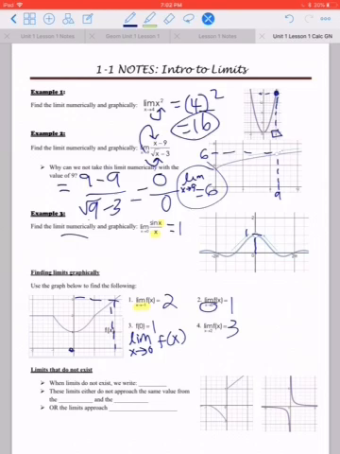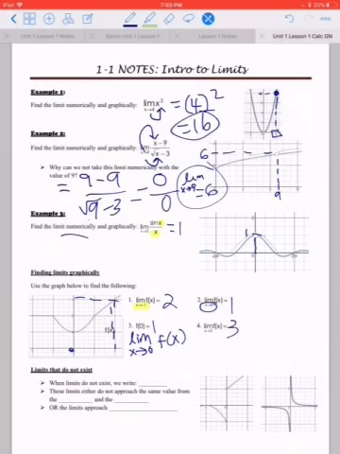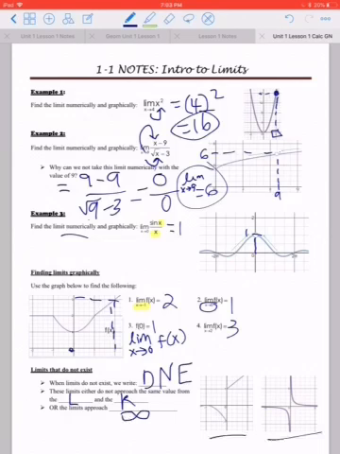But limits that do not exist occur in your problems too. When limits do not exist, we write DNE, do not exist. These limits either do not approach the same value from the left and the right, or they approach infinity. Let's look at these two examples.